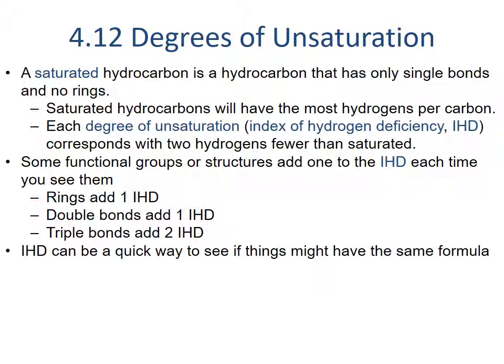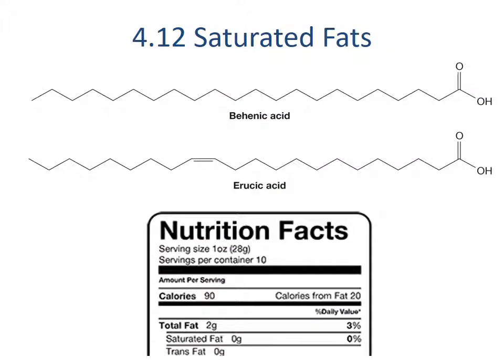With this shortcut, we can quickly look at a set of molecules and see if they might have the same formula. For example, cyclobutane and 1-butene have the same number of carbons, and we can see that since one has a ring and the other has a double bond, they each have 1 index of hydrogen deficiency and therefore the same number of hydrogens. The idea of saturation is used widely.